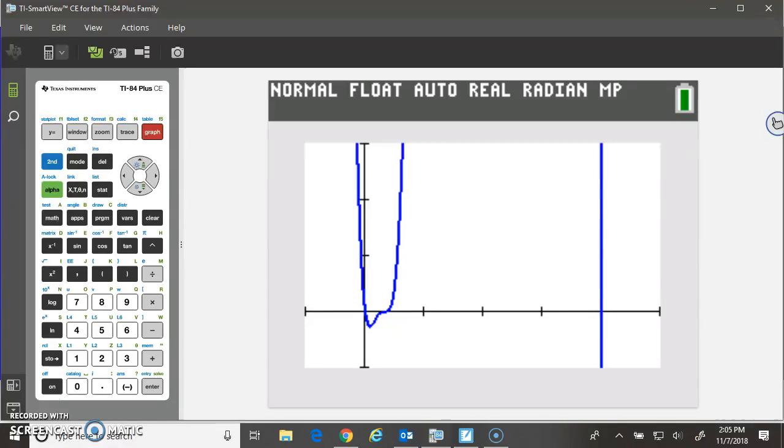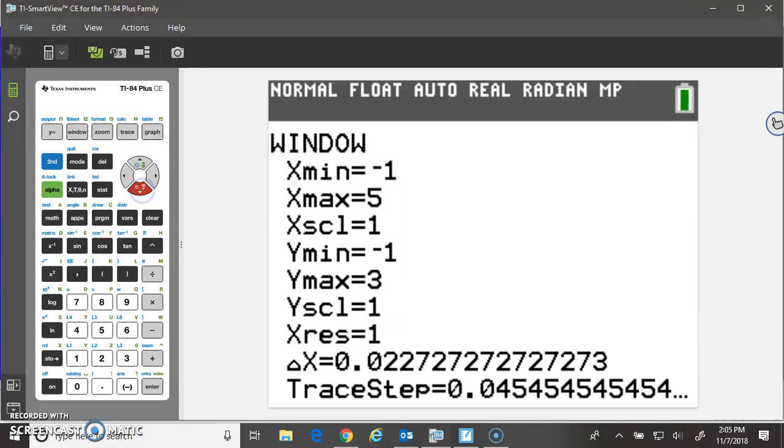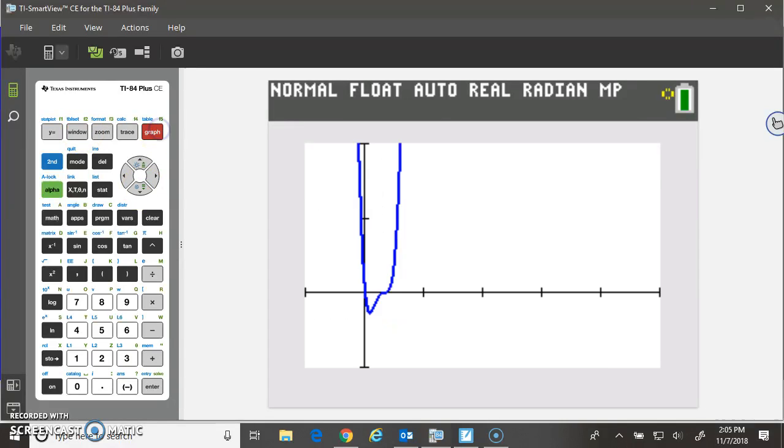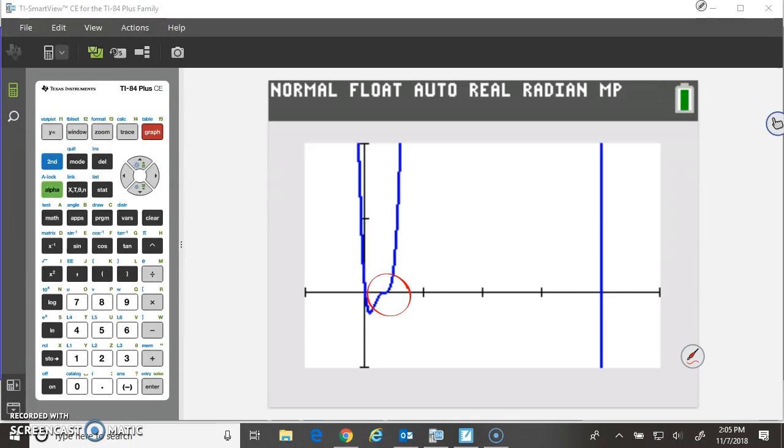So I've kind of zoomed in. In fact, let me zoom in just a little bit more. Let's just go up to 2 on that. So you can see that right here, we do have that cubic behavior. It kind of flattens out a little bit, then it crosses the x-axis. So it's half of a parabola up and half of a parabola down.